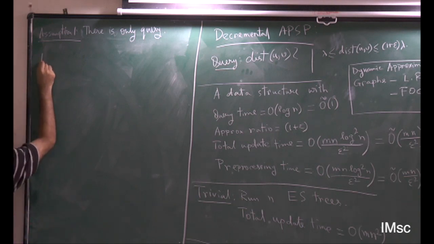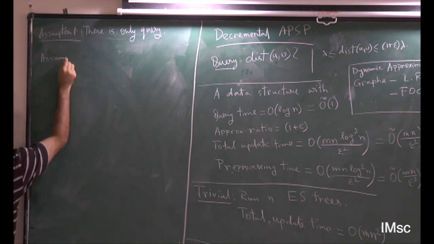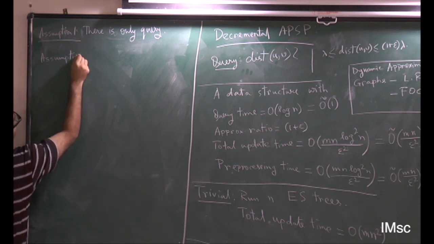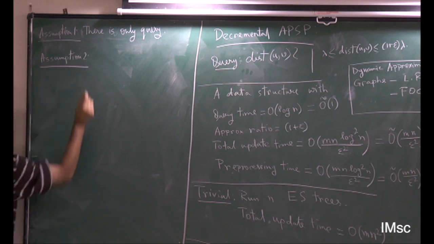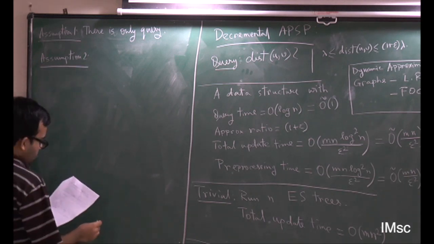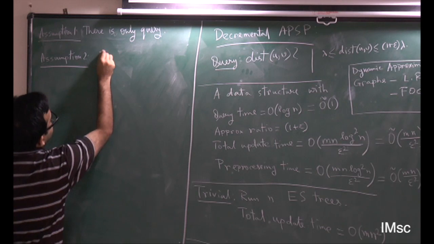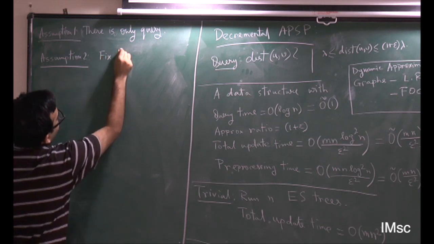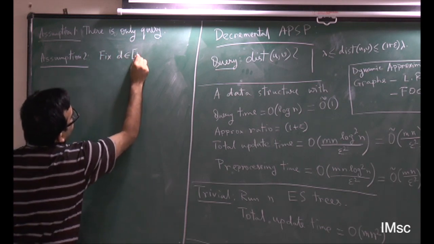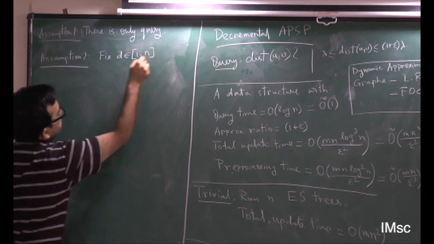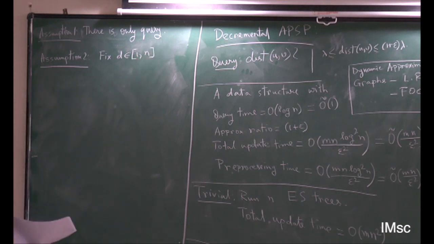The second assumption we will make is on this query itself. So, note that this is the range of all possible distances, since it is an unweighted graph, right.